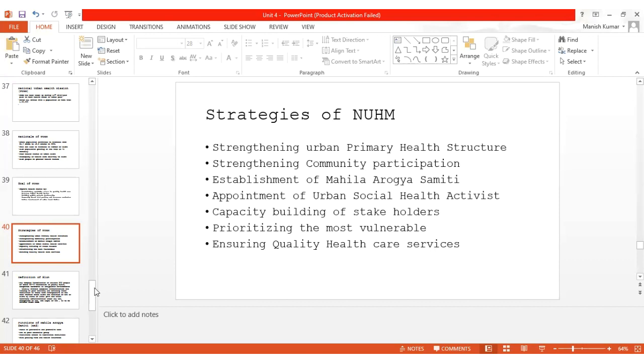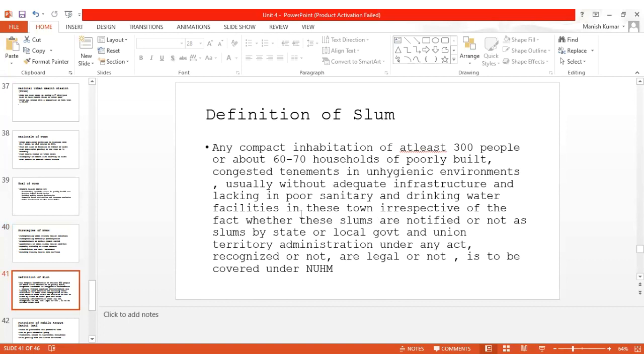and ensuring quality health care services, because now people are talking about NQAS certification of UPHCs also. So what is a slum? Any inhabitation where at least 300 people or 60 to 70 households are staying in poorly built, congested tenements in an unhygienic environment, usually without adequate infrastructure and lacking proper sanitary and drinking water facilities.